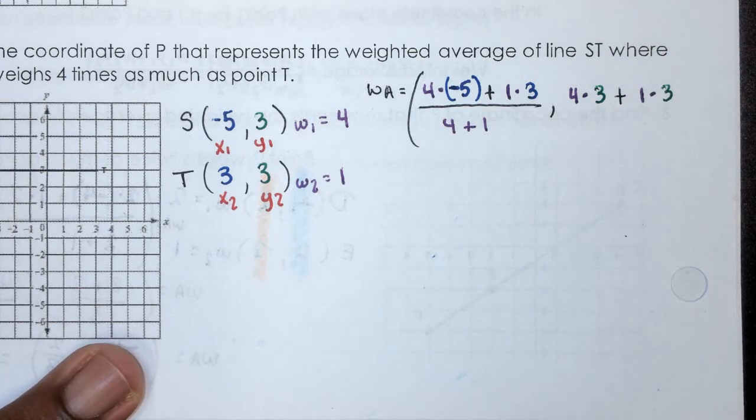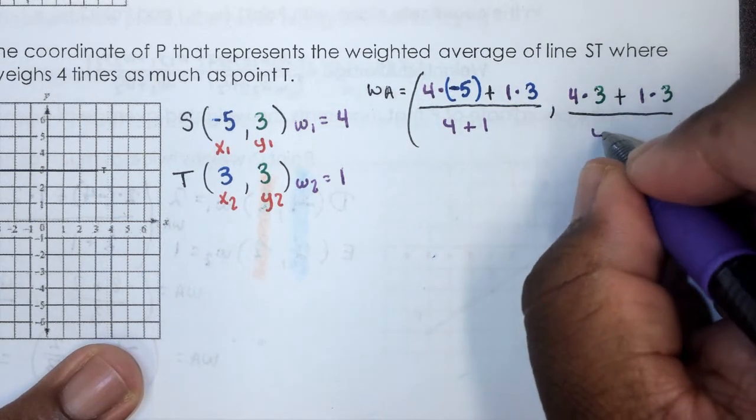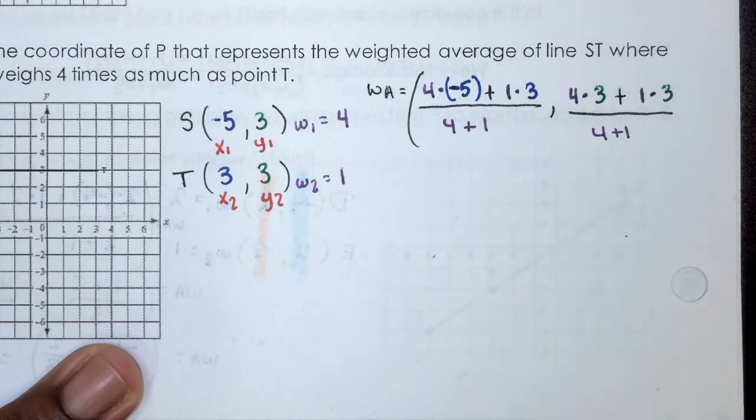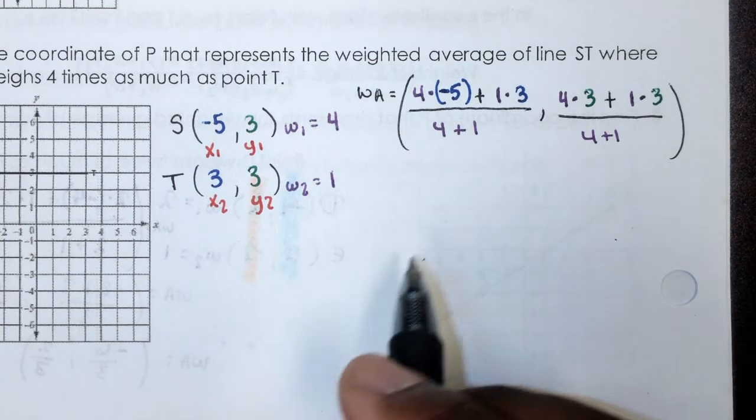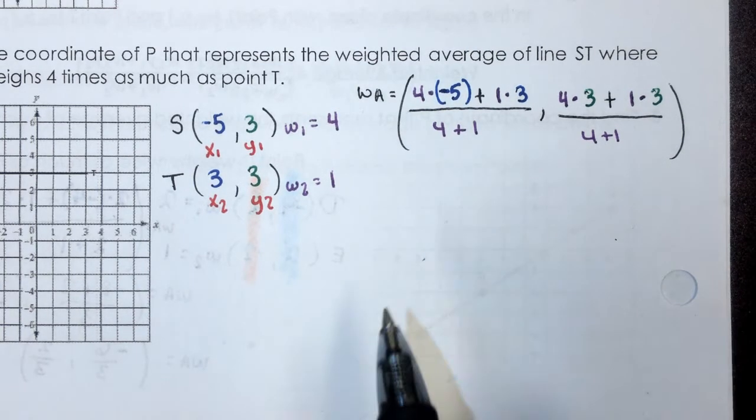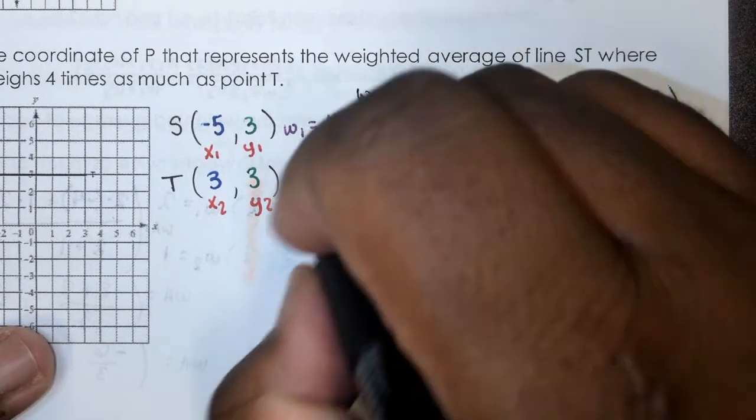That's divided by my weights added together, 4 plus 1. Close parentheses. Once you make sure you put your numbers in right, you can do the math.